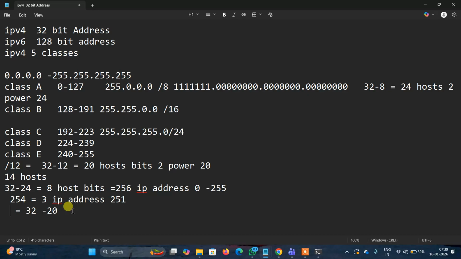Then how many host bits are there here? 12. 2 power 12 is equal to 4096. Minus 2 means 4094. In this one, again AWS will exclude 3 IP addresses. Then how many IP addresses are left? 4091.